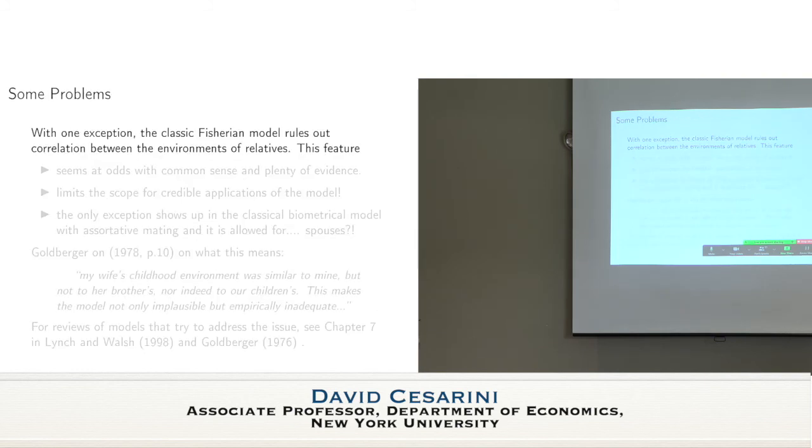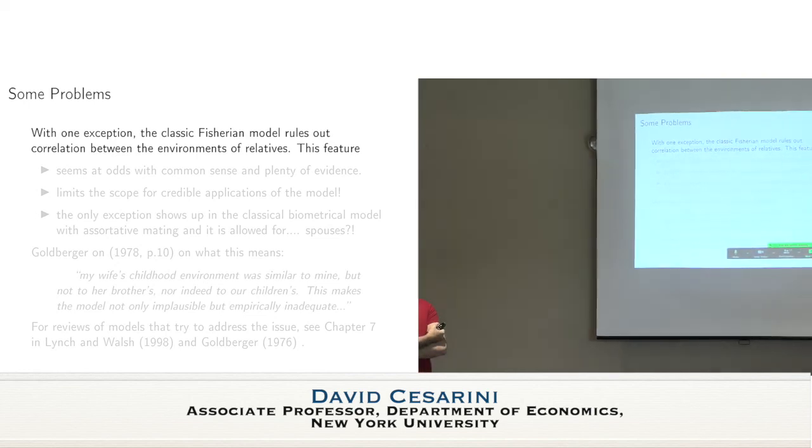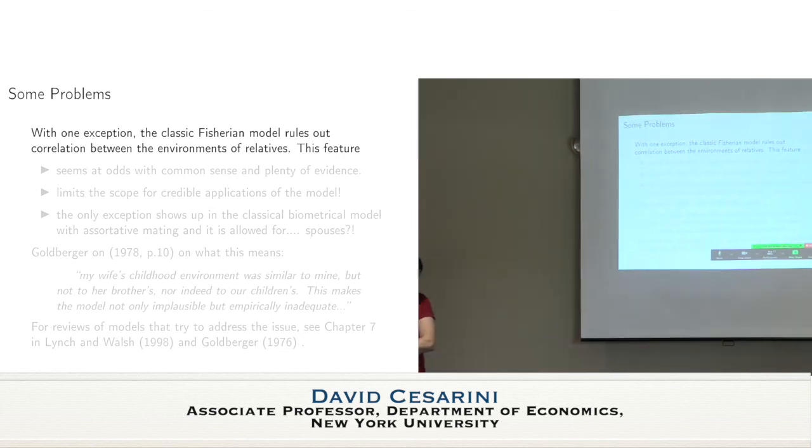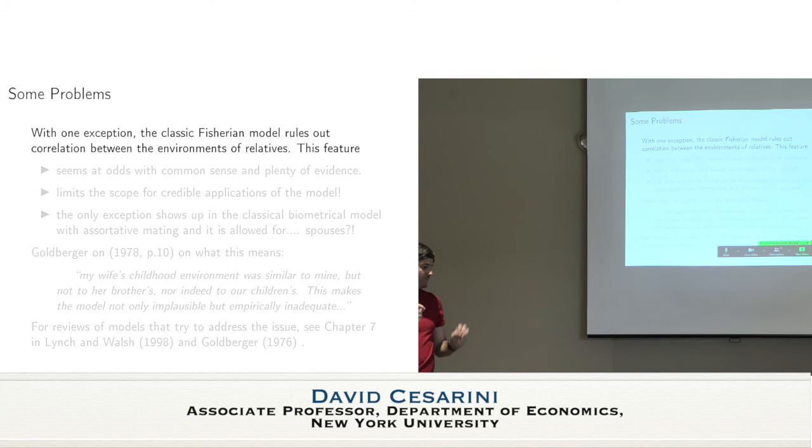Well, the main one that I've already alluded to is that the classic model just rules out correlation between the environments of relatives, and also gene-environment covariance. So remember when I said we're going to write the phenotypic correlation of kinship K as a function of these three things: a genetic term, an environmental covariance, and a gene-environment covariance.